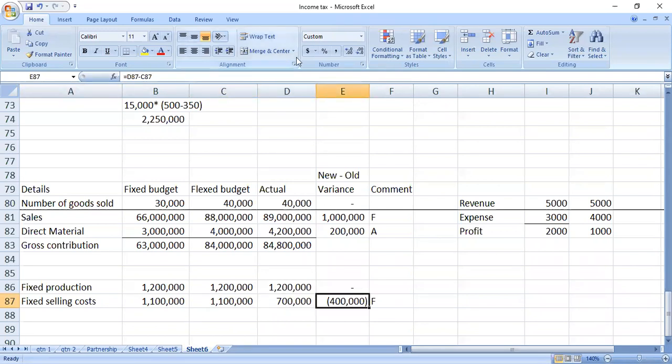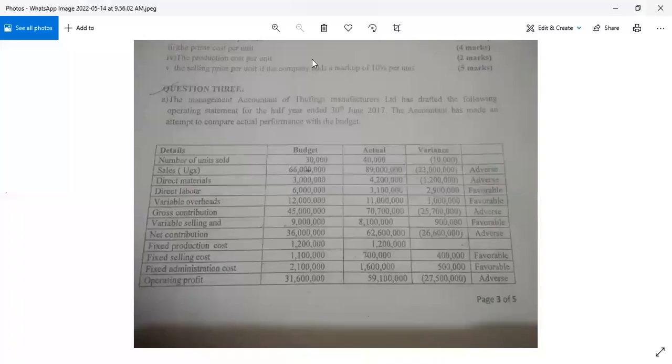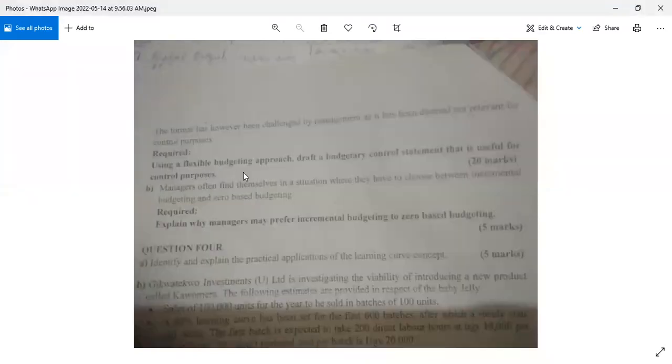To complete what the question was all about: at the end of the day, you get the operating profit. Then to take you to the required part, they say that using the flexible budgeting approach, draft a budgetary control statement that is useful for control purposes.